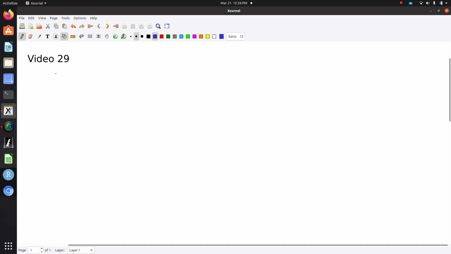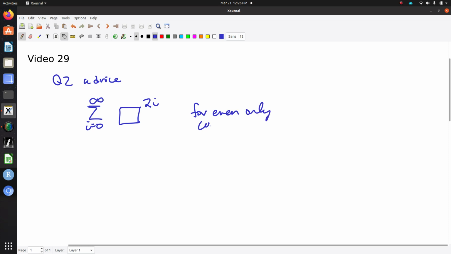Okay, question 2, I did want to give you some advice on general expressions. If you have only even powers, so you would think in terms of 2 to the i or 2 to the n as being that exponent on your x minus a, or your x over here, and this is for even only coefficients.